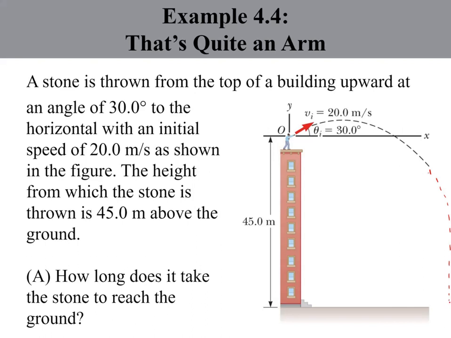But if I draw like this, the motion should be like this, where it will still move forward and also downward. So this is then a projectile motion.